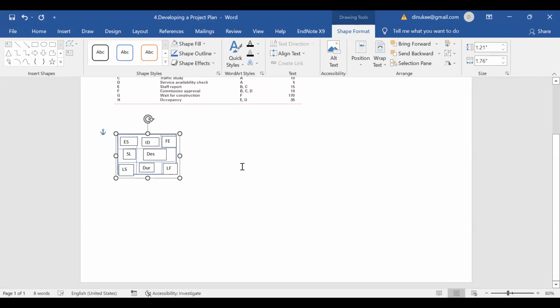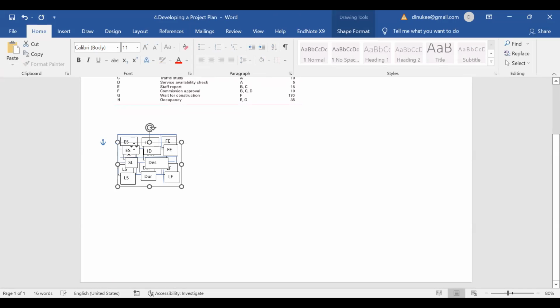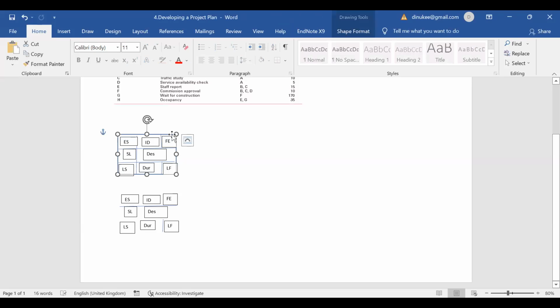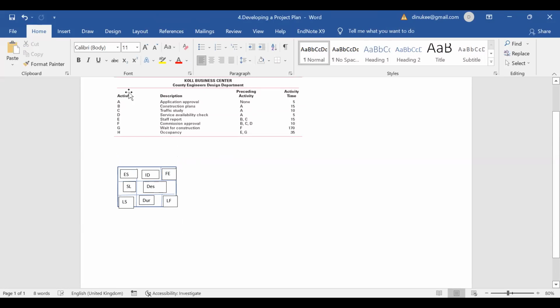We have grouped that, therefore I can take the similar thing as it is. So in the first node, in the first activity, you can see the activity is there and the description is application approval. And there is no preceding activity.